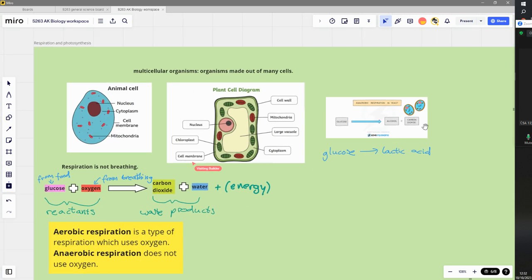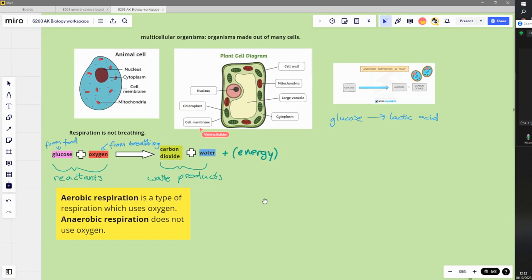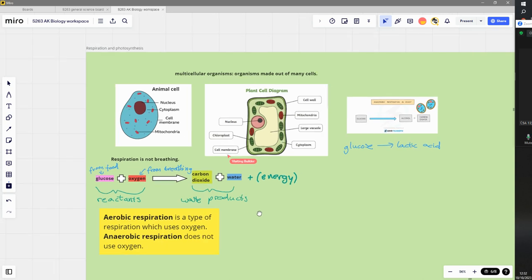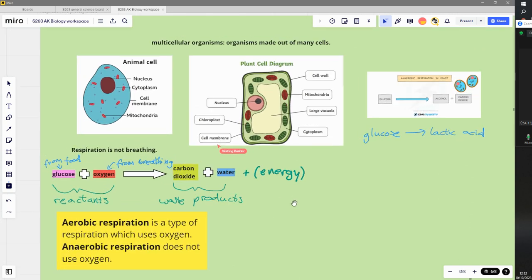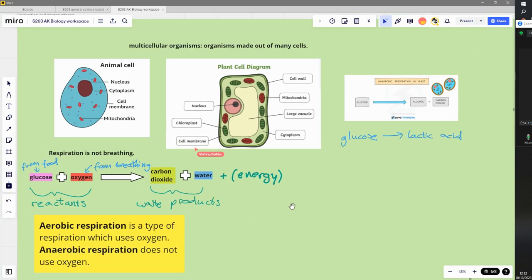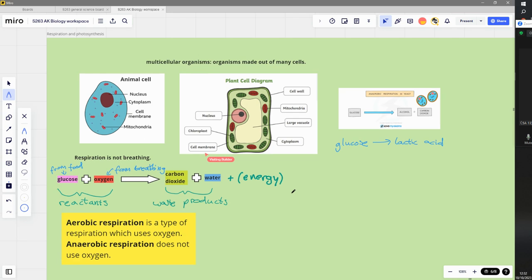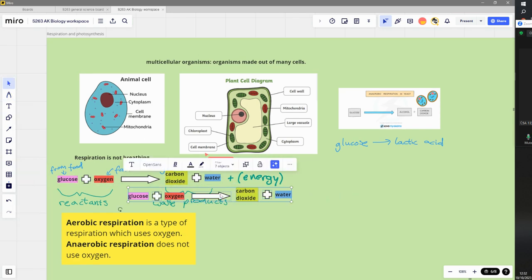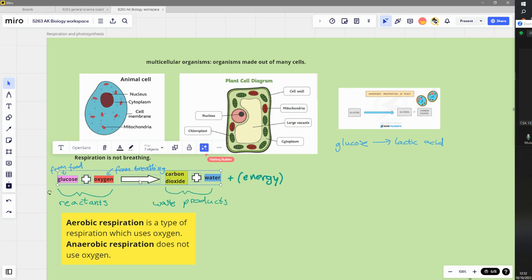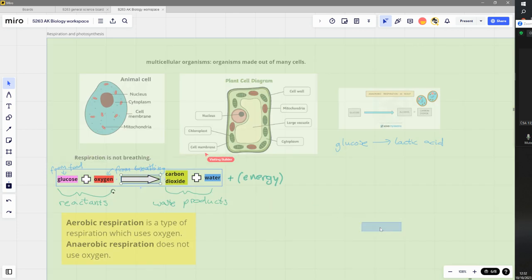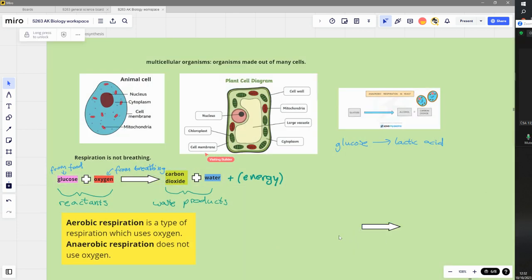Okay, so there's more to learn about this topic, and I want to just do an overview. We haven't talked about photosynthesis yet. So as I said, photosynthesis is producing the glucose. Let's get another arrow.